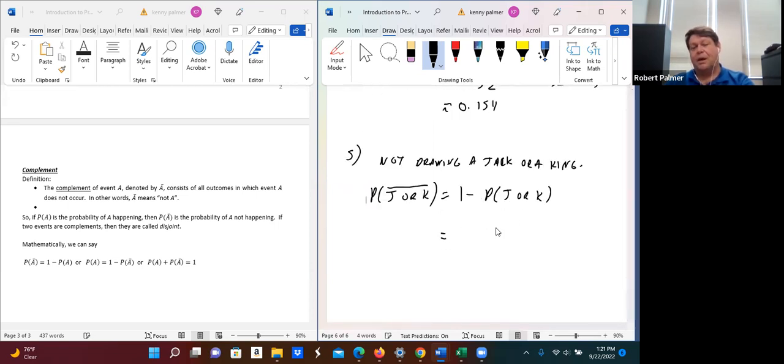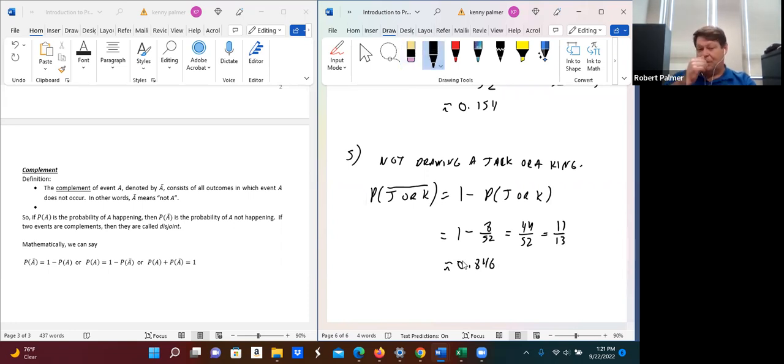They're complements. And so that's going to be 1 minus 8 over 52. And that's going to be 44 over 52, which, if you reduce that, is 11 over 13. 11 over 13 should be approximately 0.846. So about 84.6% as a percent.